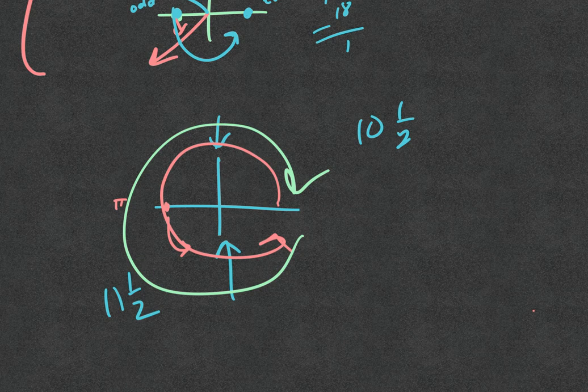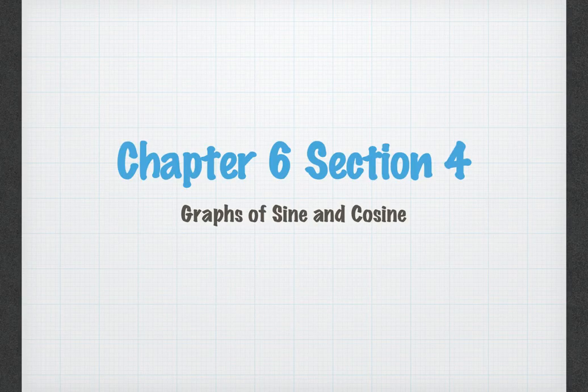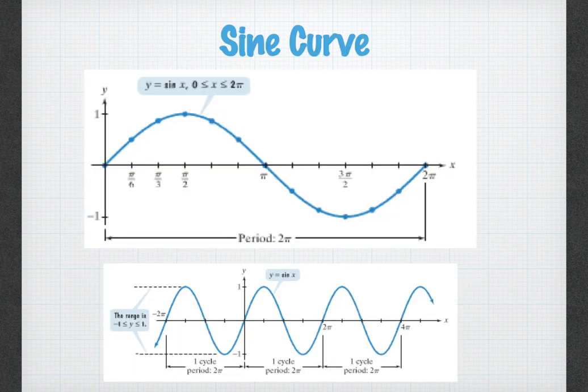We're going to learn how to graph sine and cosine on an XY axis, not on the circle. These graphs look like this. They look like waves. They go up and down and up and down. They do not end.